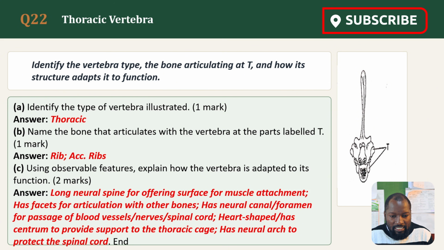You can also see it has a neural canal, and this one is for the passage of blood vessels and also for the passage of the spinal cord. It also has a heart-shaped centrum which provides support to the thoracic cage. And finally, it has a neural arch to protect the spinal cord.